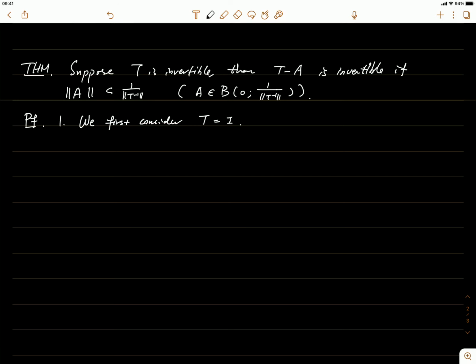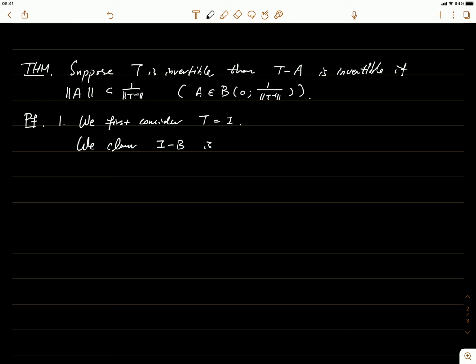So T inverse is also the identity, so we just need A to have a norm less than 1. Okay, let me use another notation right here. I use B instead.